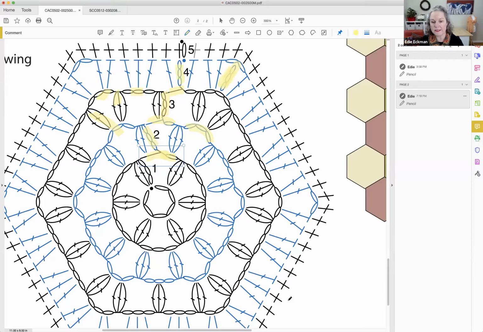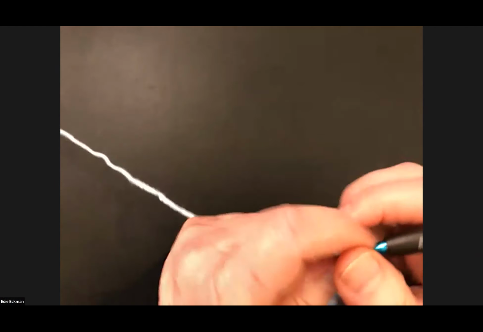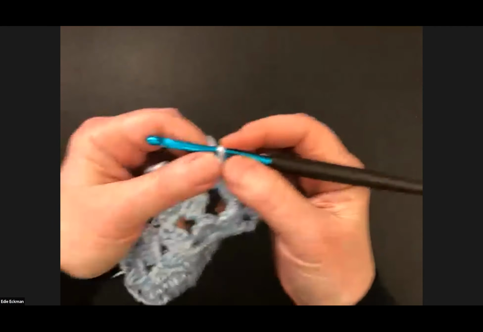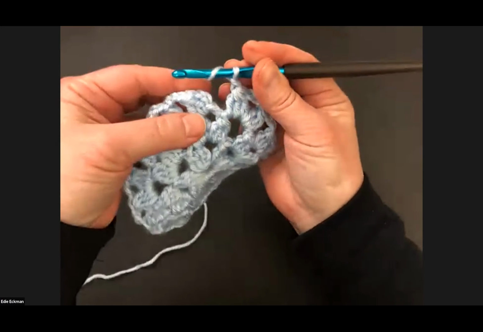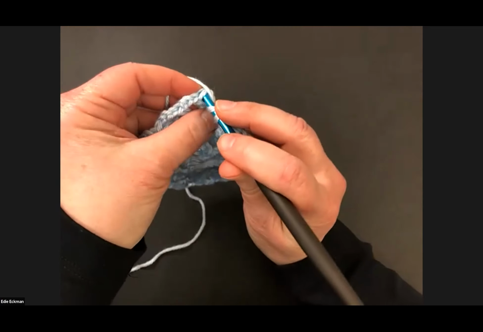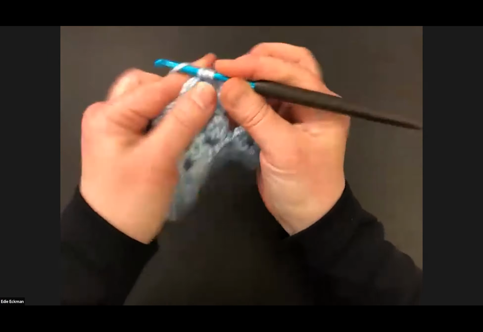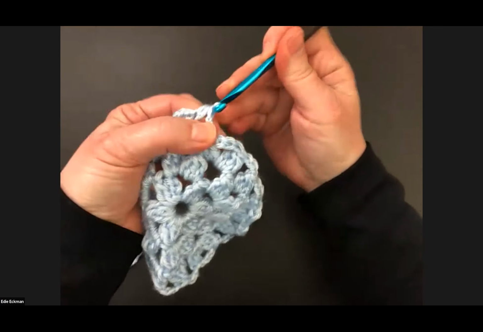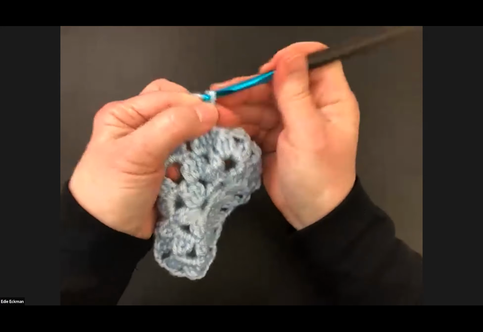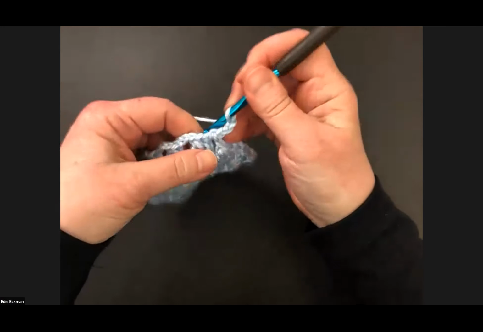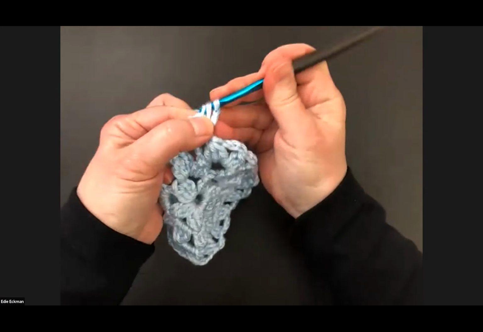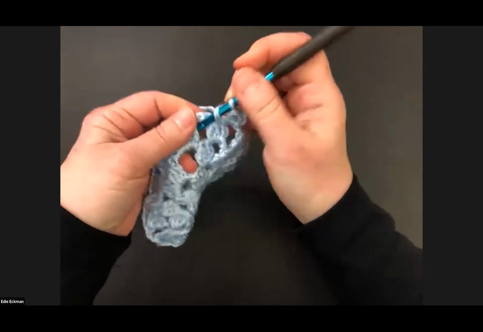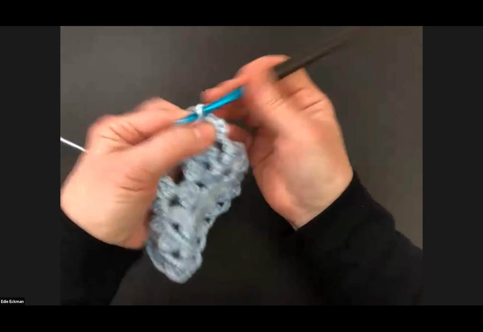So let's do that. Alright, I sort of forgot where I was here. I'm going to have to do a chain 1, do another half double right there in the top. There I am with my half double, my chain 3, another double in that space that I just created, then 3 doubles in the next space.